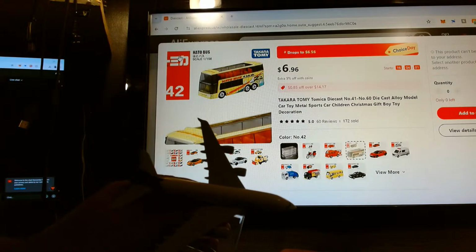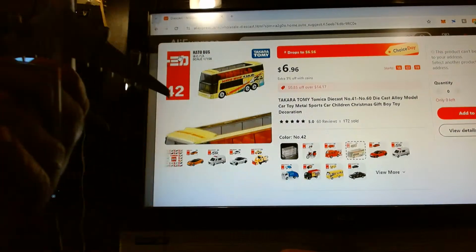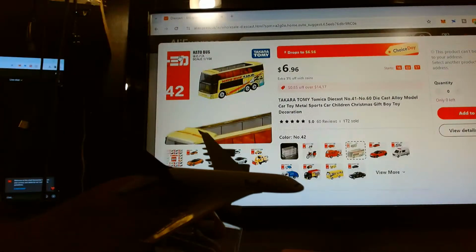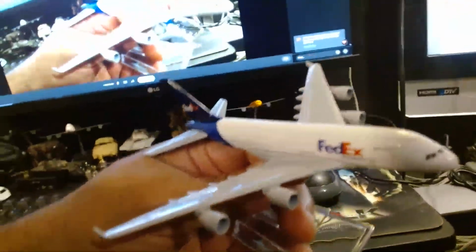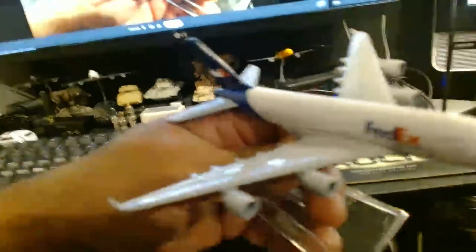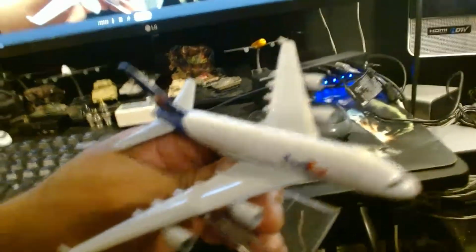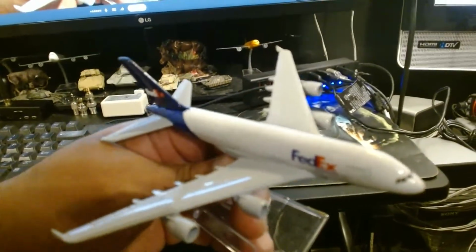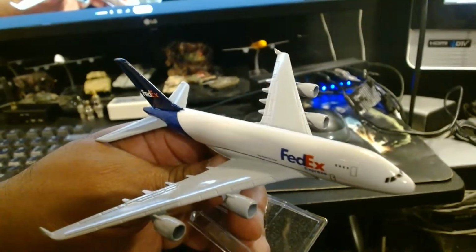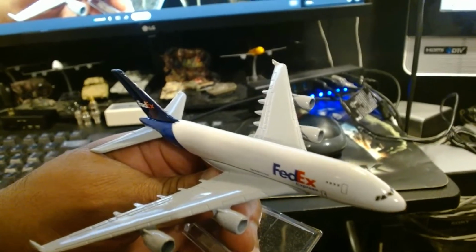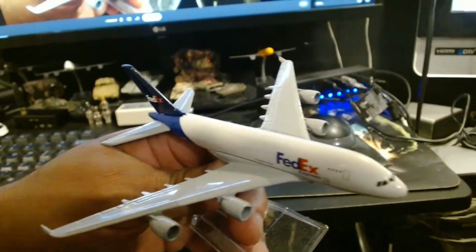There is some detail on the top, but when you get to the underside, since they have no landing gear on these, there's not a lot of detail, especially on the engines. They don't have much detail on the engines at all. These are like the lowest diecast metal you can buy. Okay, lowest in terms of quality.